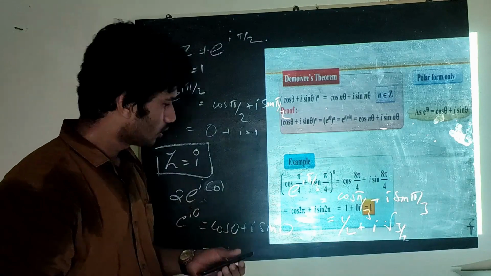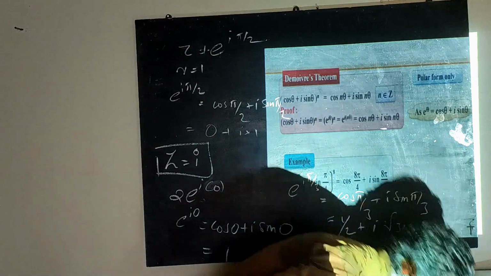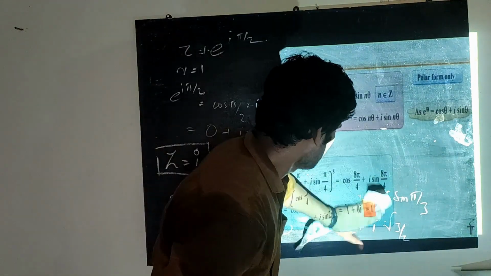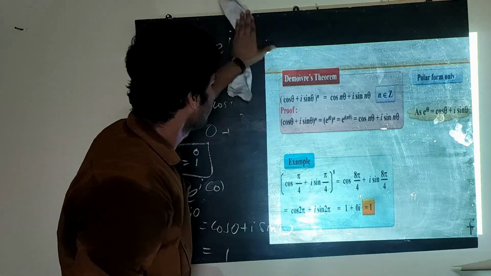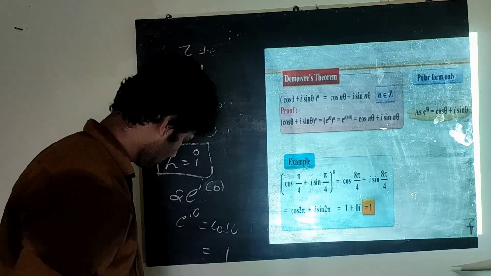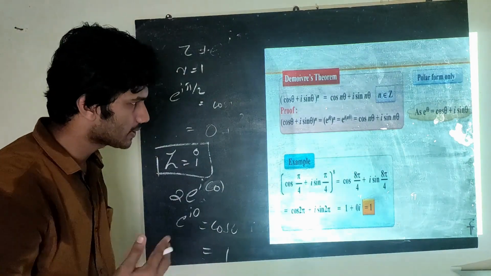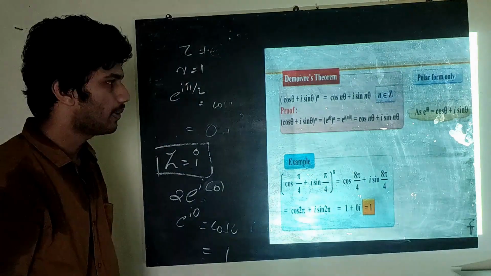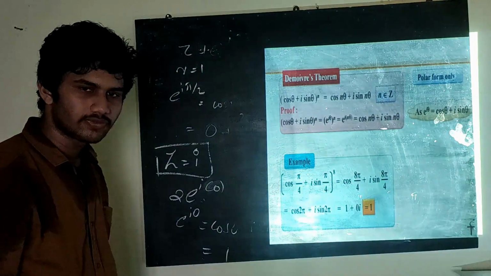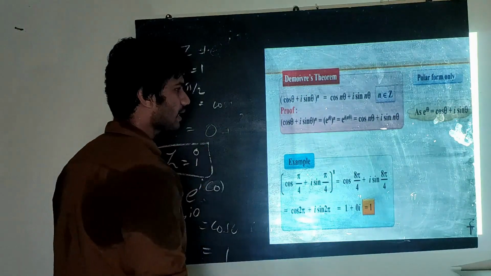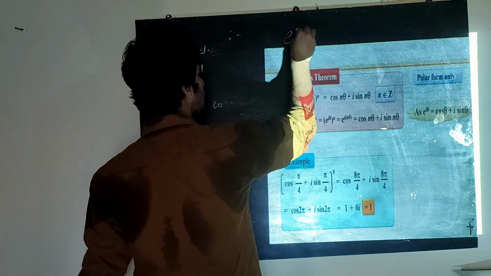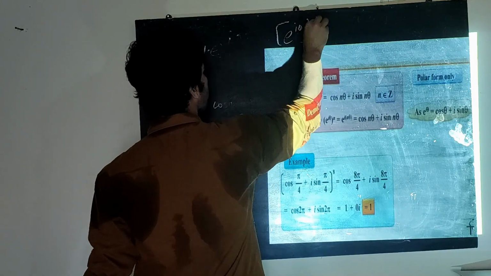Let's move on. So what is de Moivre's theorem? Again, this is very simple. You have cos theta plus i sin theta, the whole raised to n, which can be represented as cos of n theta plus i into sin of n theta. It's very simple. This cos theta plus i sin theta can be represented as e raised to i theta, the whole raised to n.